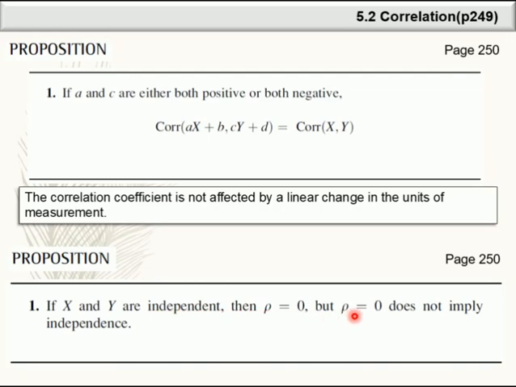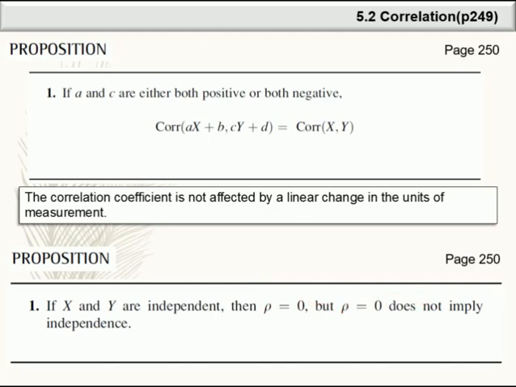This does not imply independence. So even if you calculate a correlation coefficient and you get 0, don't you dare say that they are independent, because it doesn't hold in this direction. Independence implies rho is equal to 0, but rho equal to 0 does not imply independence.